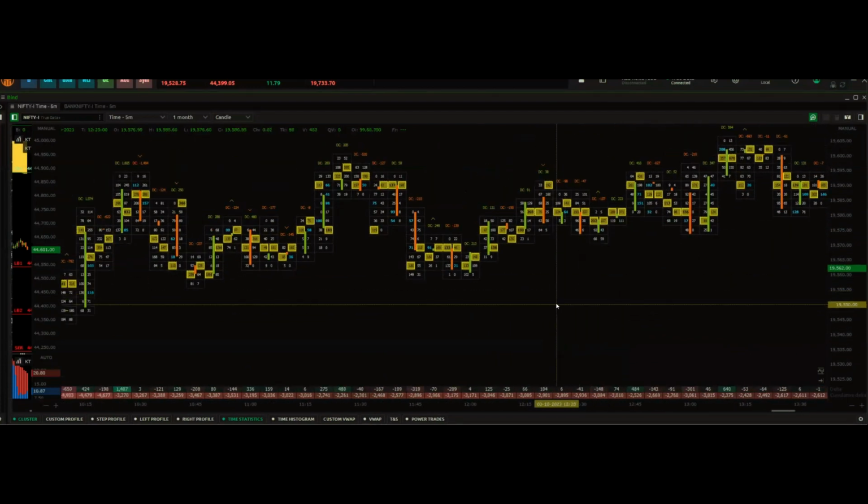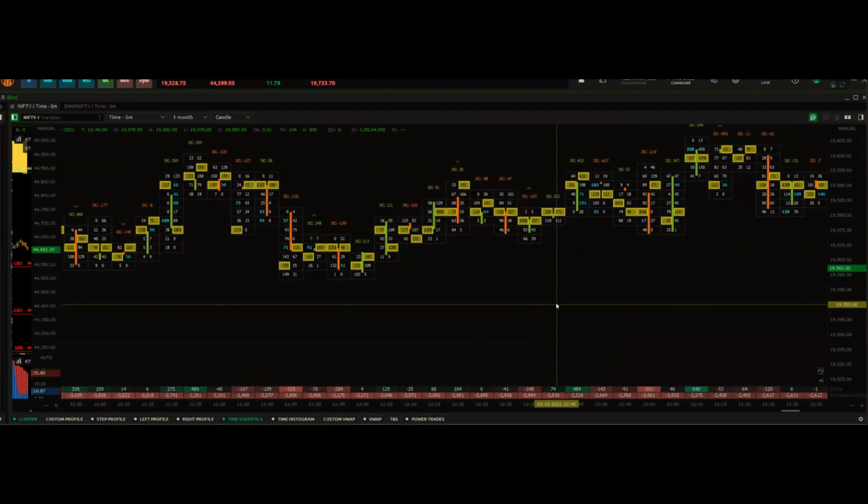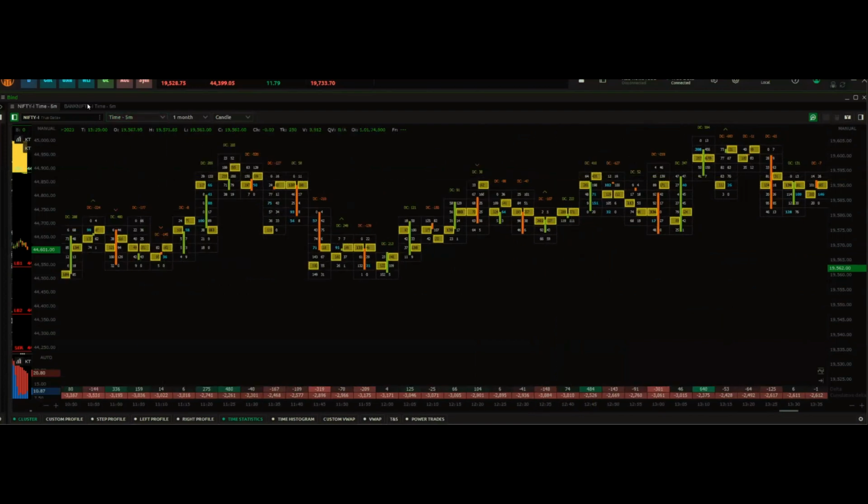Now, I hope all of you can see the numbers a little clearly on my chart. This is a chart of Nifty and this is Bank Nifty. So you can see that this chart is a little different compared to the regular candlestick charts that you see.